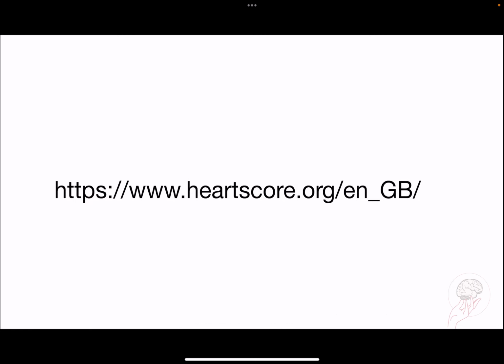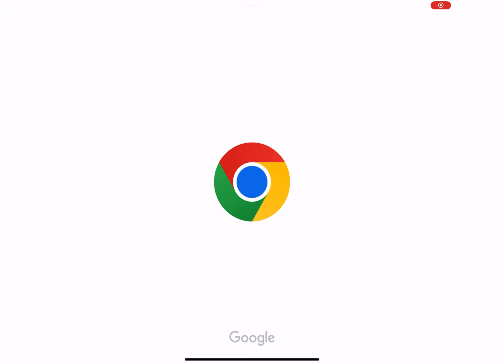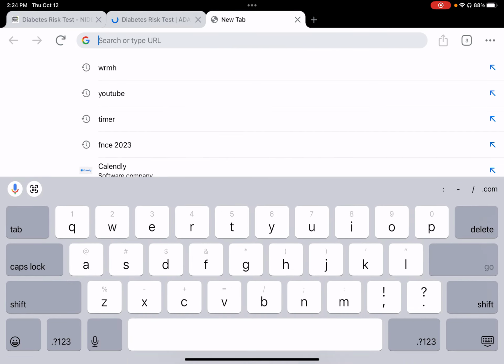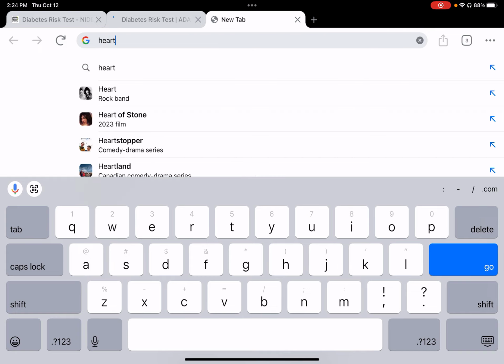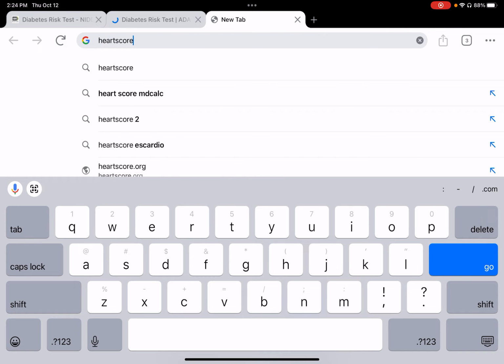So there's a pretty good website called heartscore.org. In fact, let's see if I can get this open on here. Heartscore.org.